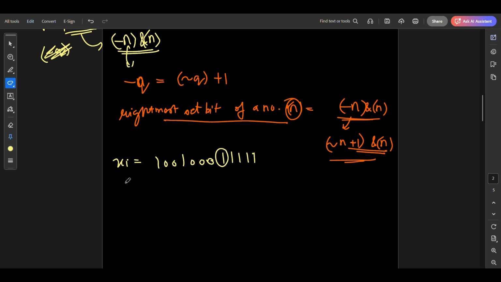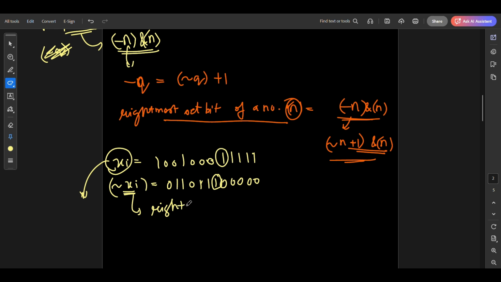So what I was saying is, I will first take the negative or invert of xi, and it will be 0 1 0 1 1 1 and 0 0 0 0 0. Yep. And we are trying to find the rightmost set bit in this invert of xi.